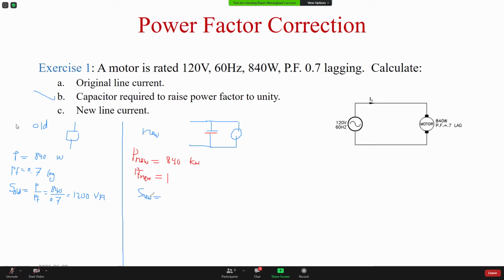Okay. Now the S new. Again, P new over power factor new. So 840 divided by 1 equals 840 volt ampere. Q old is the square root of S squared minus P squared. So 1200 squared minus 840 squared, under the square root.